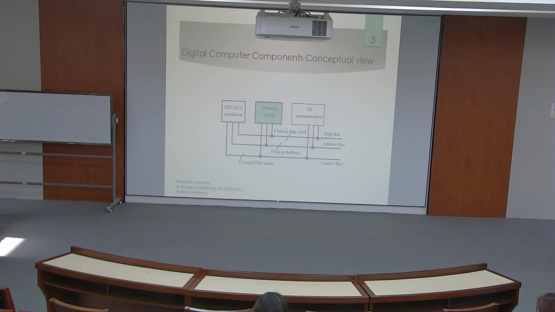The number of bits in the data bus and address bus are well known and can help to calculate the number of words in the memory, or the number of bytes per word, or the number of bytes in memory, or the number of bits in memory.